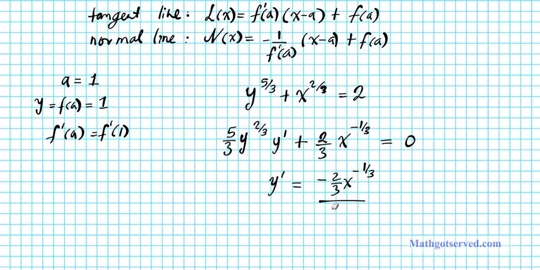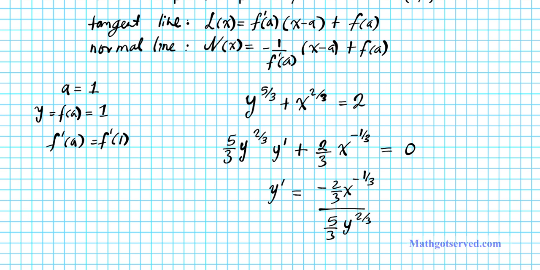Simplifying, because we have a negative exponent, we have negative 2/3 times 1 over x to the 1/3, times 5/3 upside down, the reciprocal, with y to the 2/3 downstairs.